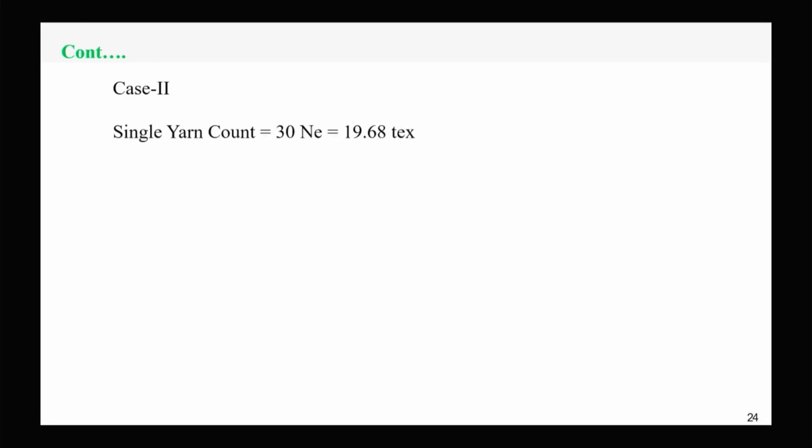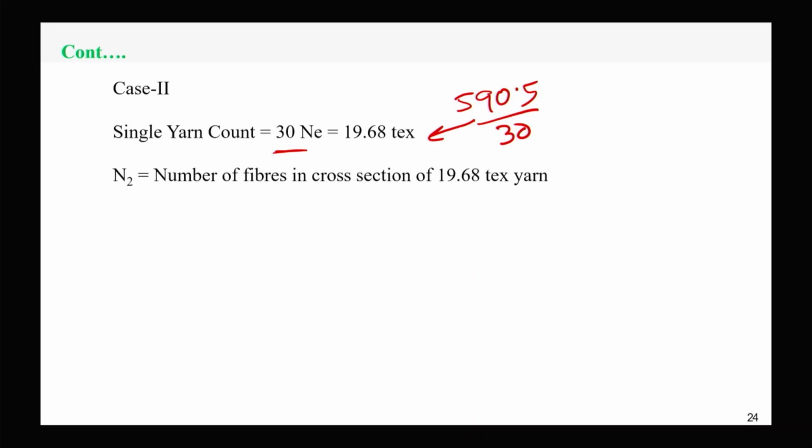Now in the second condition, single yarn count is 30 English count. So 590.5 divided by 30, we get 19.68 tex. And number of fibers in the cross section of yarn 2, that is 19.68 tex. So fiber tex we have calculated 0.332. Earlier the same fiber is being used.